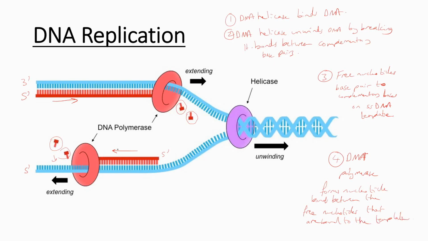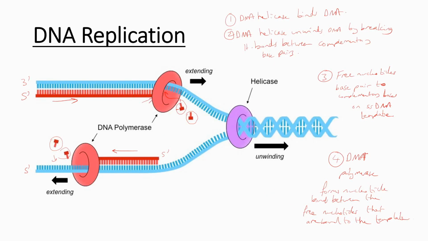So once this DNA here, let's have a look at this nucleotide. Once this nucleotide complementary base pairs here, for example, then the DNA polymerase will form a nucleotide bond between this nucleotide and the growing DNA strand here.